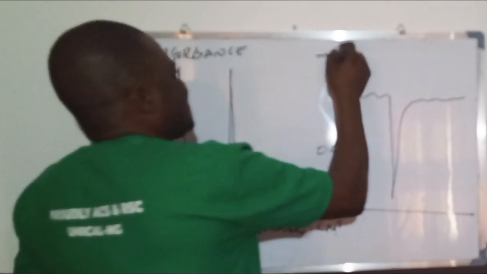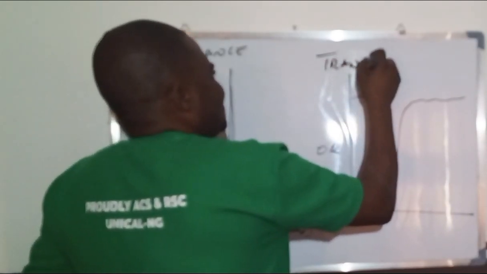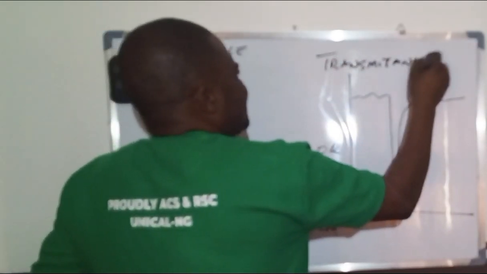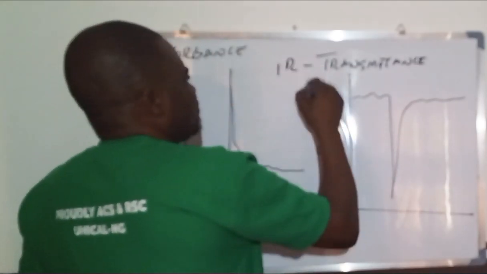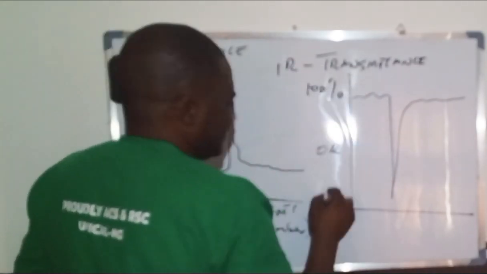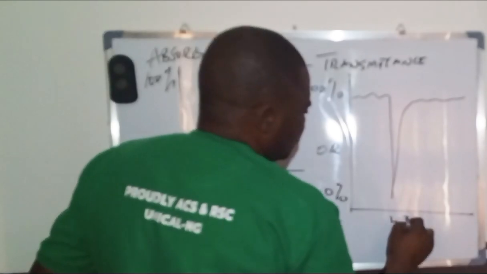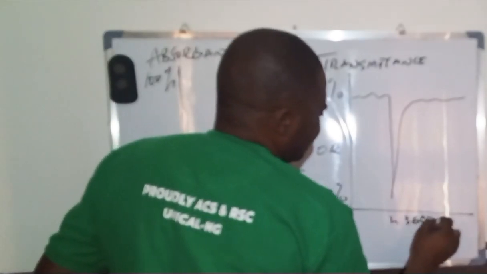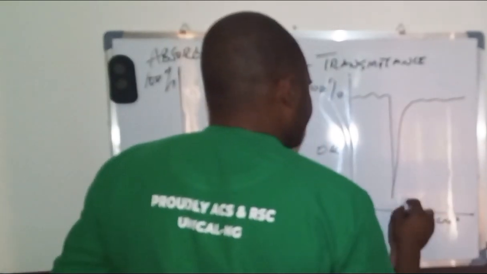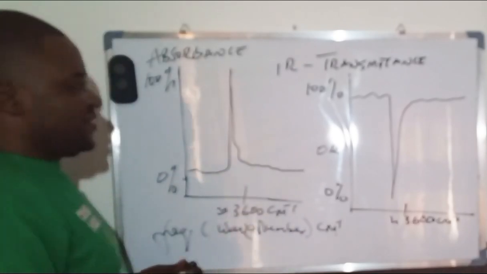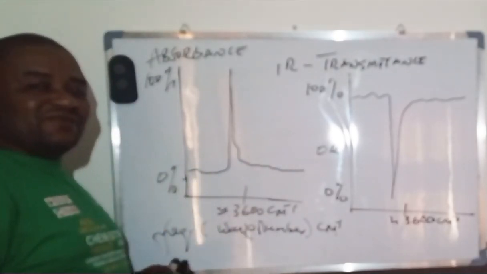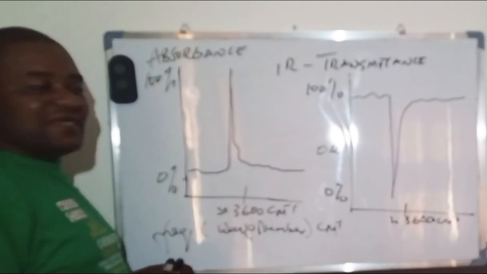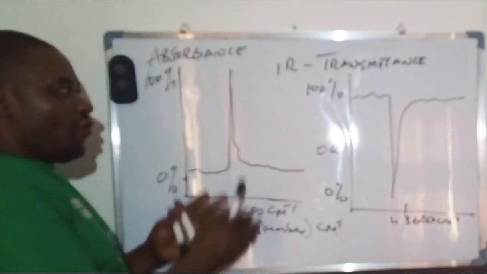And this is the transmittance IR spectrum. So this is also 100% and this is 0%, and this is also approximately 3600 cm. So you can see that you can generate information from the IR instrumentation either as absorbance or as transmittance.